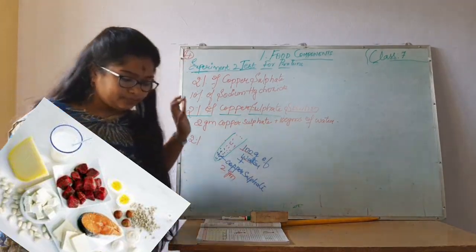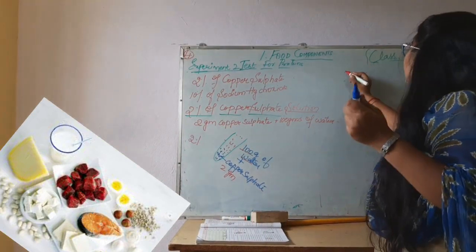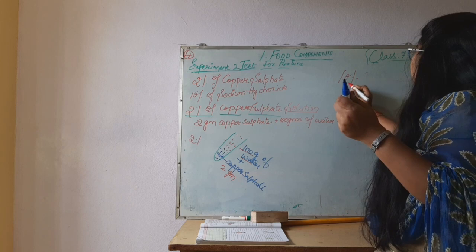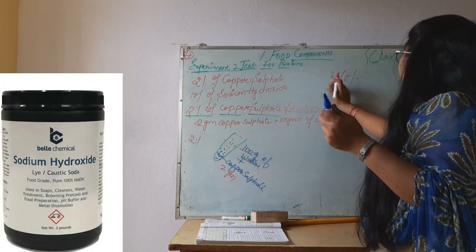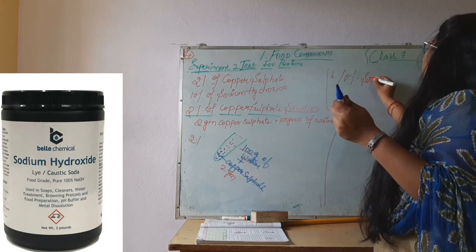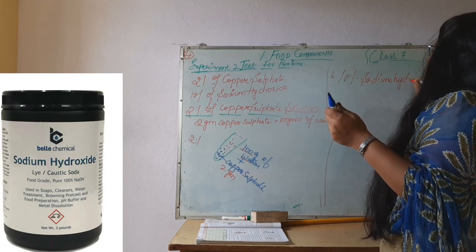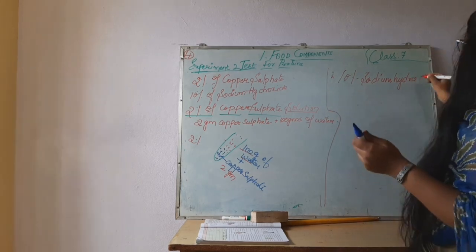And next, you need to prepare 10% sodium hydroxide. The second thing you have to do is prepare 10% sodium hydroxide. How to prepare this 10% sodium hydroxide?